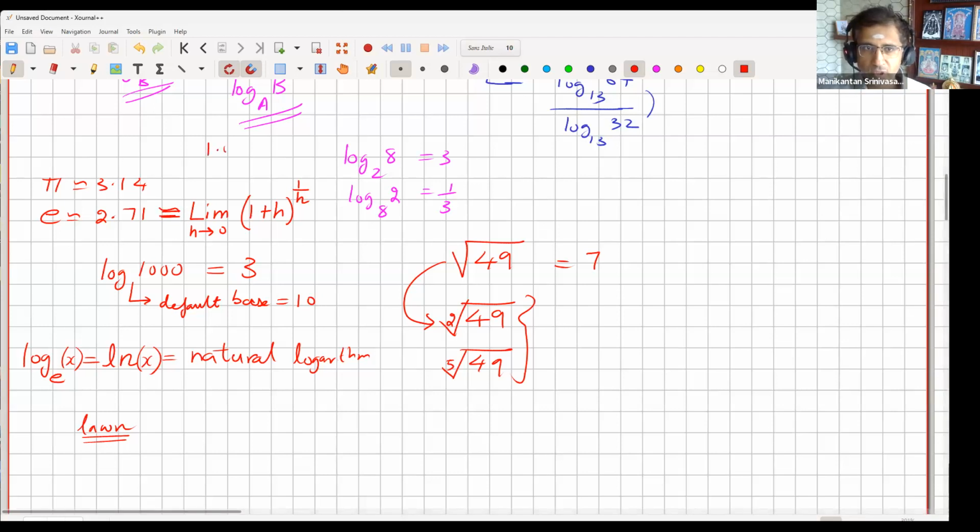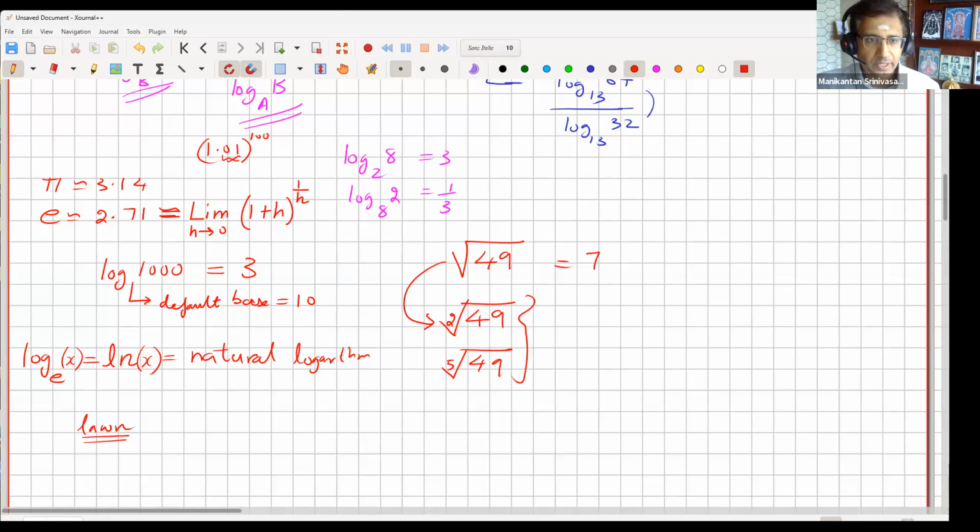So the example that we saw was 1.01, in which h was 1 by 100. So the reciprocal of that was 100. So you did it in your calculator and saw that your answer was close to 2.71, right? So the closer this number gets to 0, the better your approximation will be. And it'll finally reach this mathematical constant called E, which approximately is 2.71.